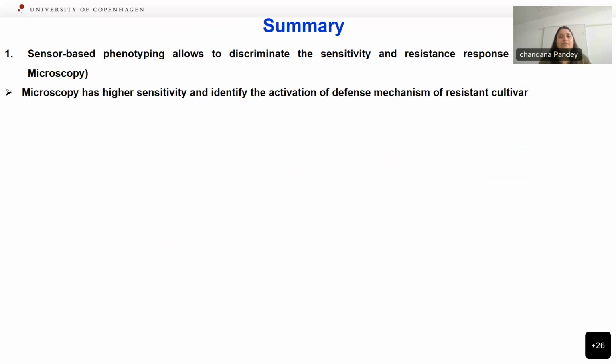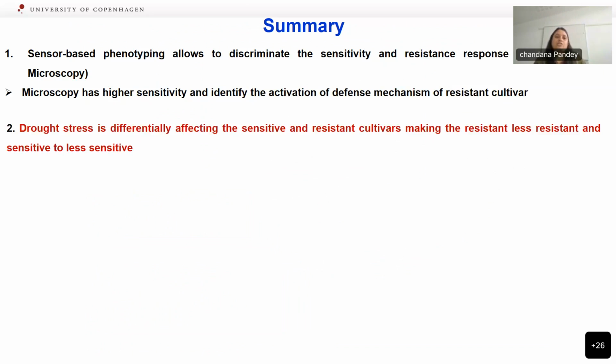Now when it comes to the summary, from the barley and Pyrenophora teres, what we observed is that sensor-based phenotyping allows us to discriminate the sensitivity and resistance responses, both by phenolab and microscopy.